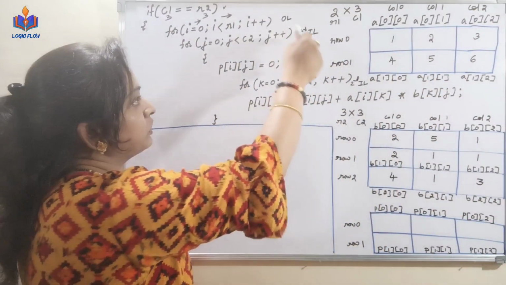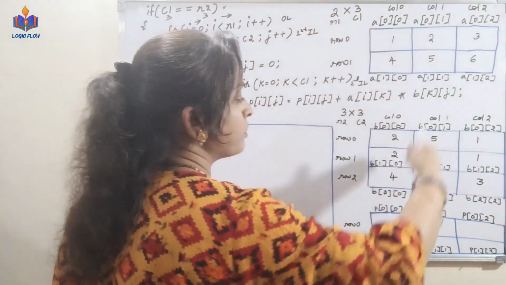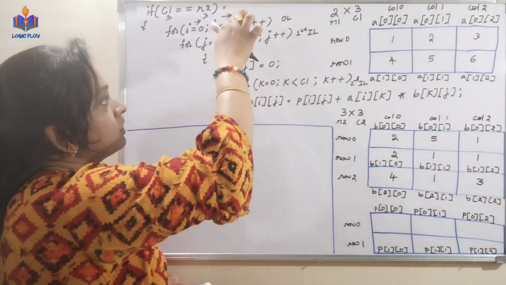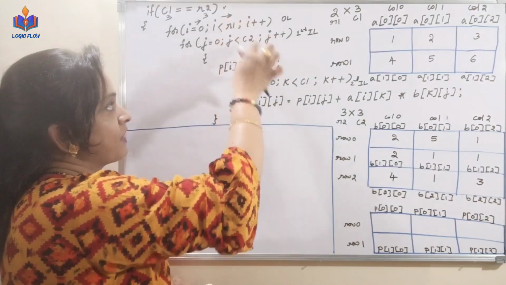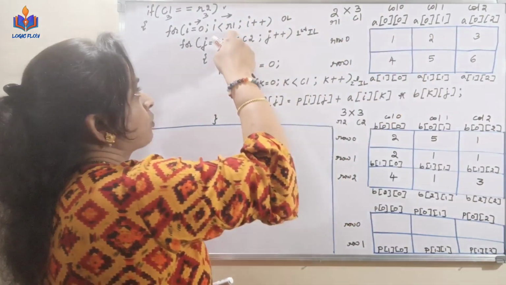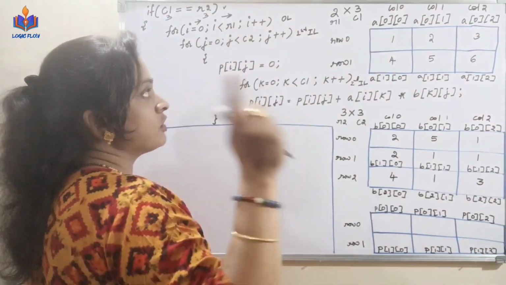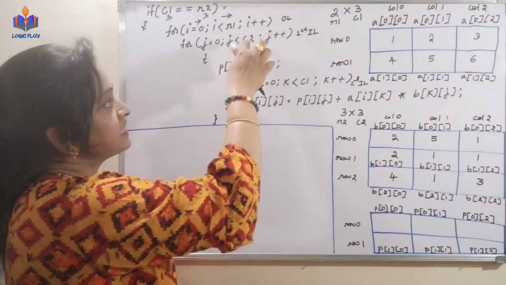When I come to the first inner loop, it takes care of the number of columns of the second matrix. Here you should be very careful with the conditions. The outer loop takes care of the number of rows of the first matrix, that is R1. The first inner loop takes care of the number of columns of the second matrix, that is C2.